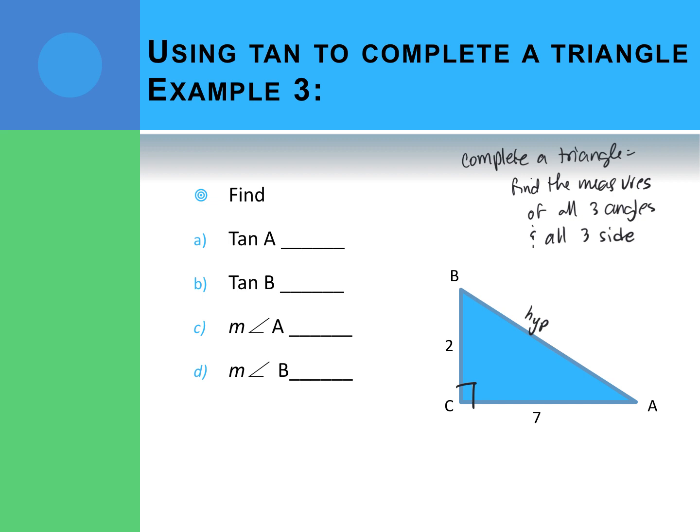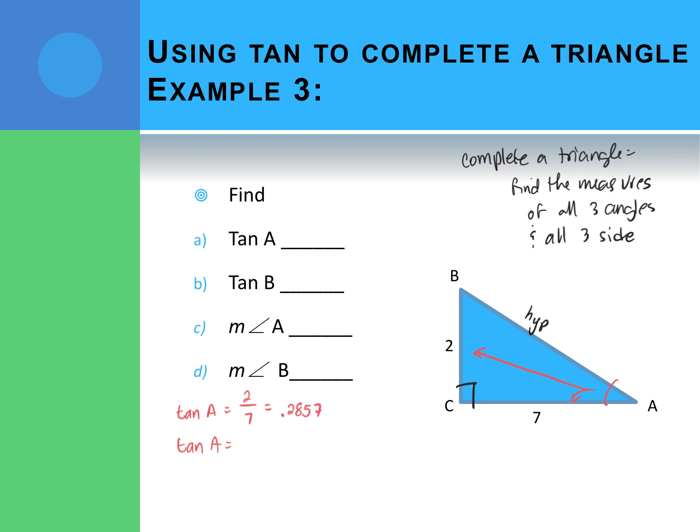So let's try to see if we can complete this triangle using this information. First, I know, for example, that the tangent of angle A is going to be the ratio of the opposite side over the adjacent side. So the tangent of angle A, if I do 2 divided by 7, I'm going to get 0.2857.